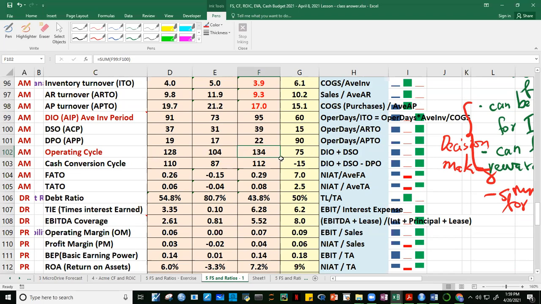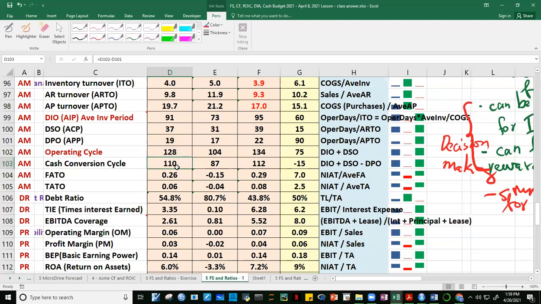Okay? So you can see here, operating cycle natin, 134. Okay, then, what's our cash conversion cycle? Our cash conversion cycle is your operating cycle minus your days payable outstanding. Okay, so it's 128 minus 101.